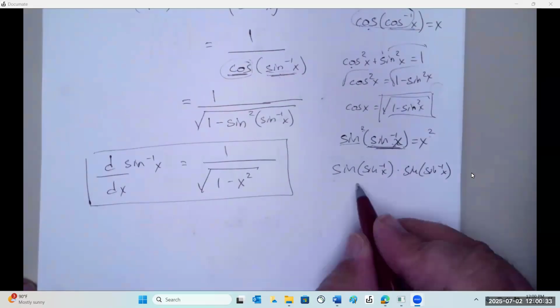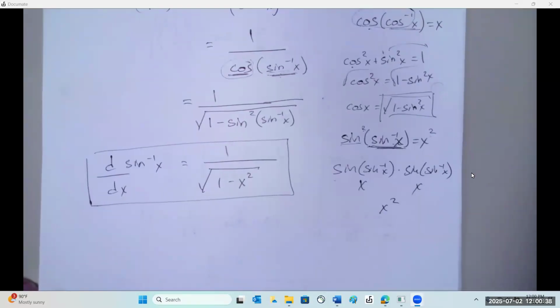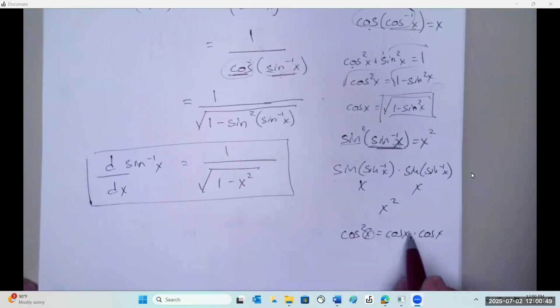That's x and that's x, so it's x squared. It's like saying cosine squared of x is cosine x times cosine x. I didn't square x, but it's the value part of the function.